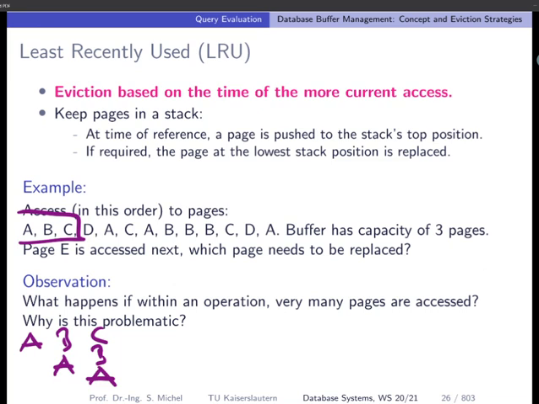So if you're inserting D, then C and B will remain in the buffer, but move down, and A gets evicted. Now, let's keep track of the hits and misses.